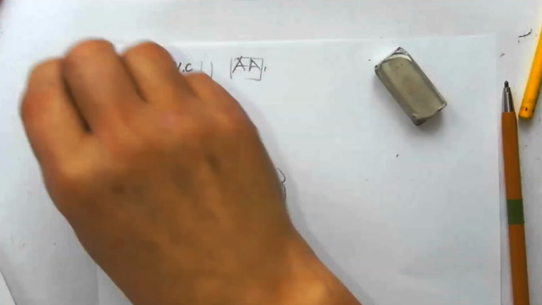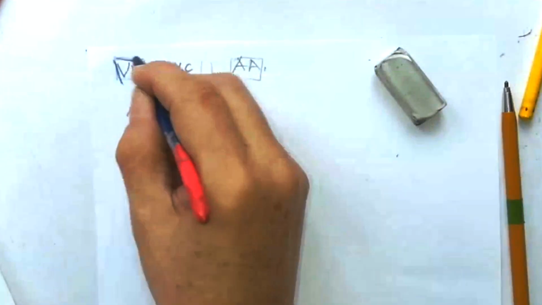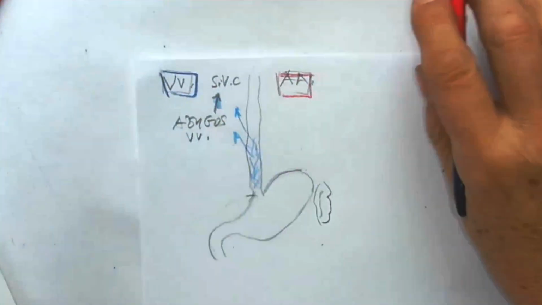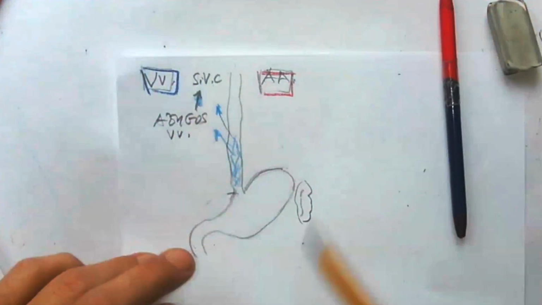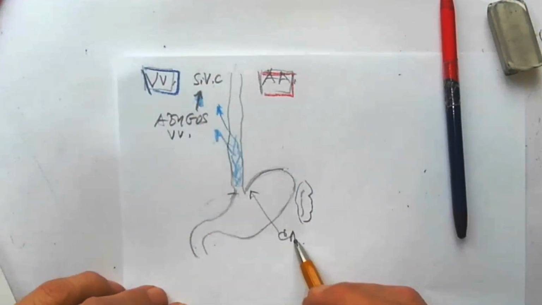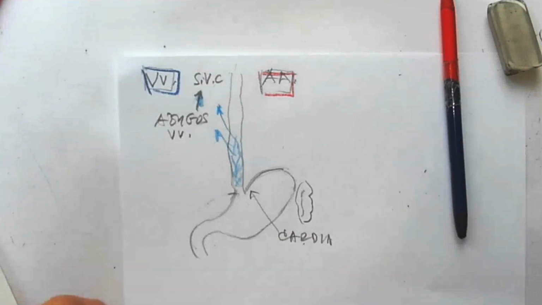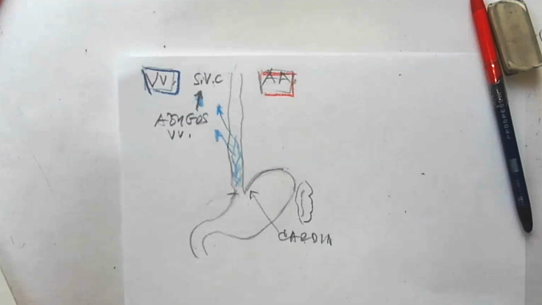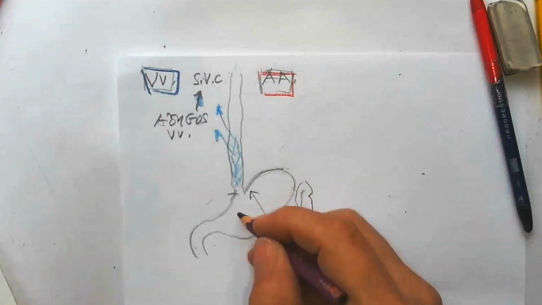Again, repeating, on the left side are the veins, on the right side are the arteries. But at the level of the cardia, because this is the cardia of the stomach, there are also other veins. We could use a violet color.